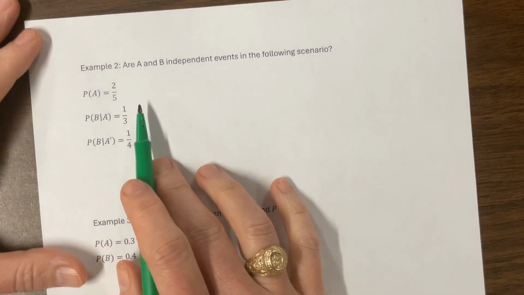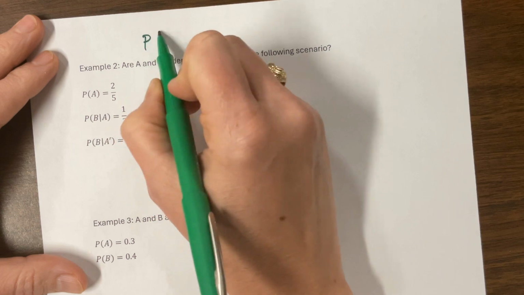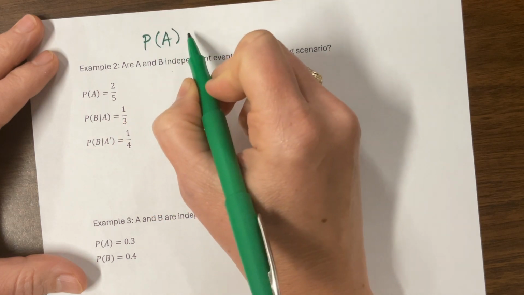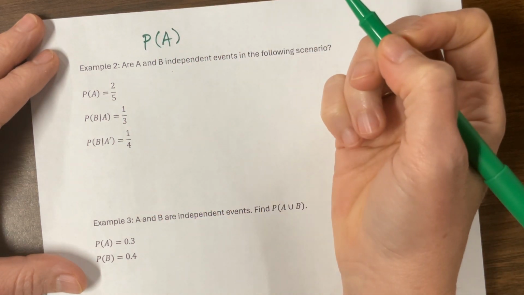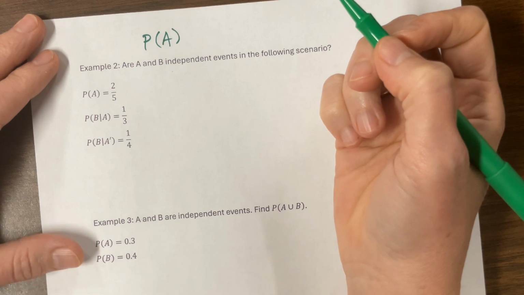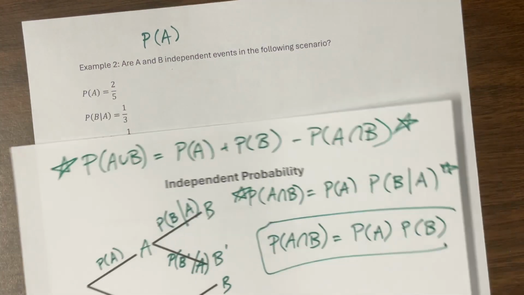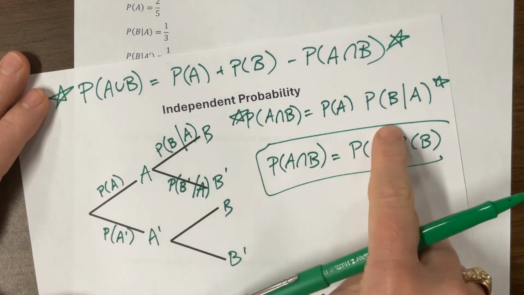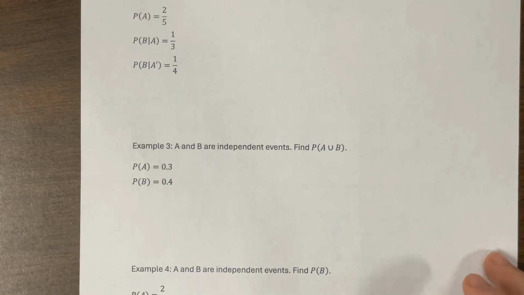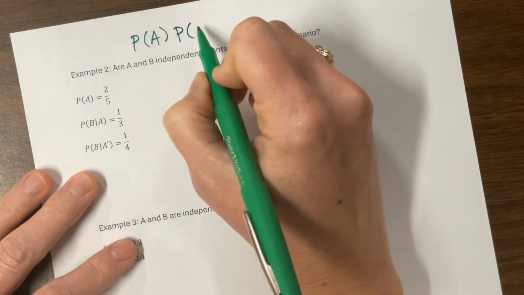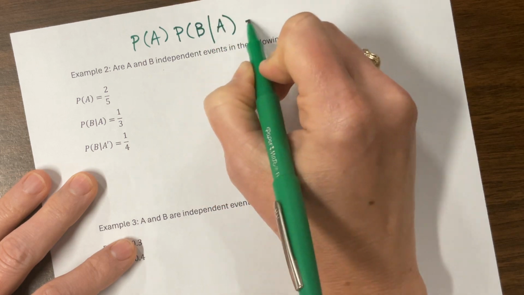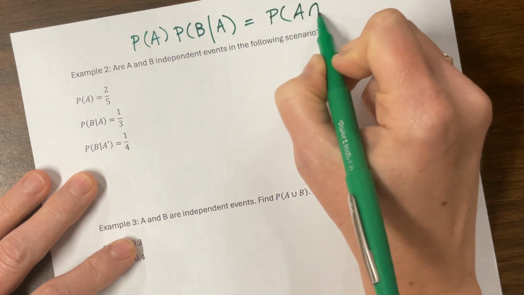What we know is that the probability of A... Okay, so from a second ago, we have this equation. The probability of A times the probability of B given A will be equal to the probability of their intersection.